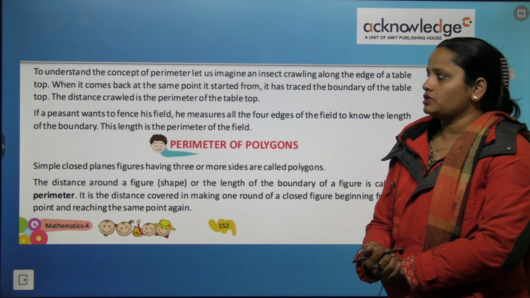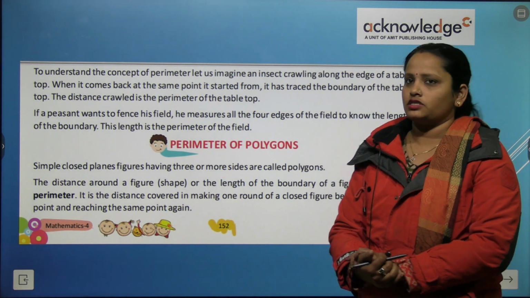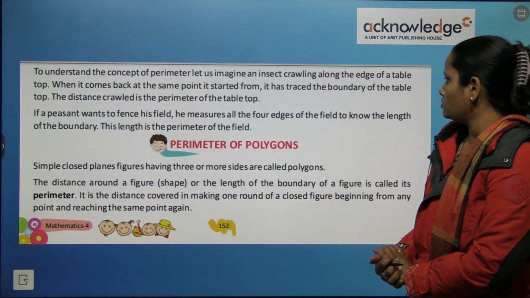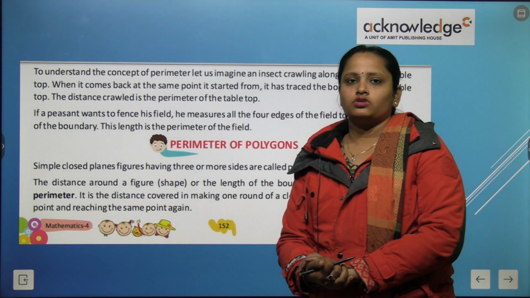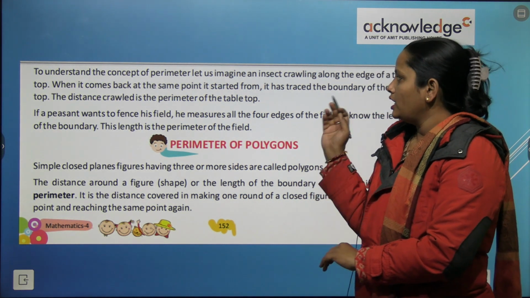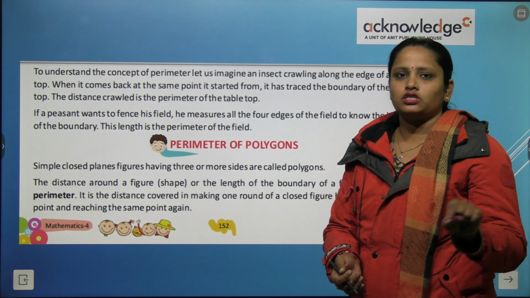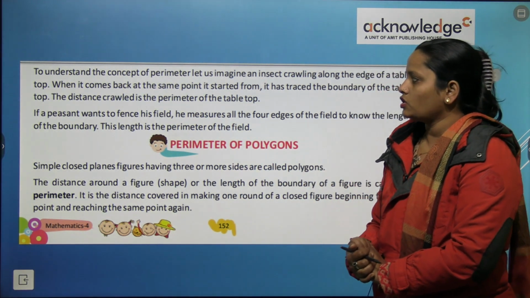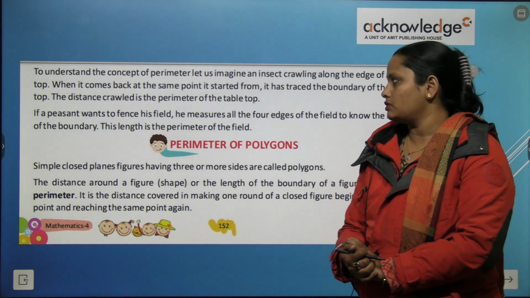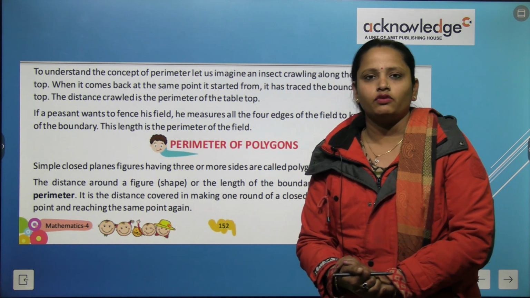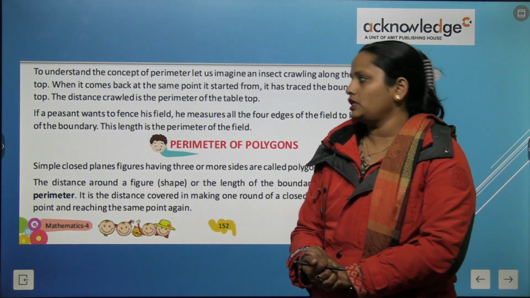When it comes back at the same point it started from, it has traced the boundary of the table top. उसने क्या किया है, एक जगह से मूव करता हुआ उसी जगह पे वापस आया. इसका मतलब उसने उस टेबल की जो बाउंड्री थी उसे ट्रेस कर लिया है. The distance crawled is the perimeter of the table on the tabletop. So जो distance उसने travel किया है वही है perimeter उस table की.